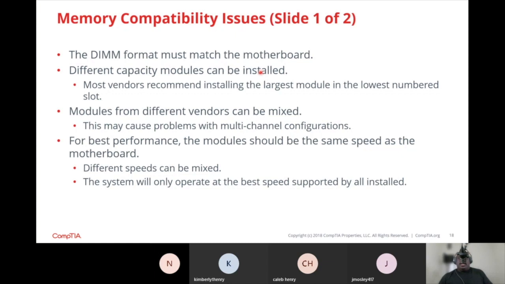But you can't mix a DDR3 1066 with a DDR3 1600. Capacity that they carry doesn't matter.